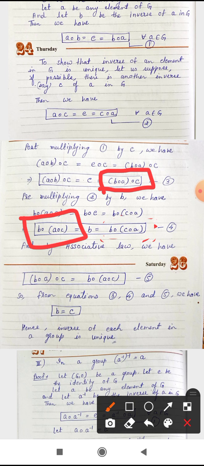Just the bracket is changed. Order of the elements b, a, c remains the same. And by definition of group, associative law holds.